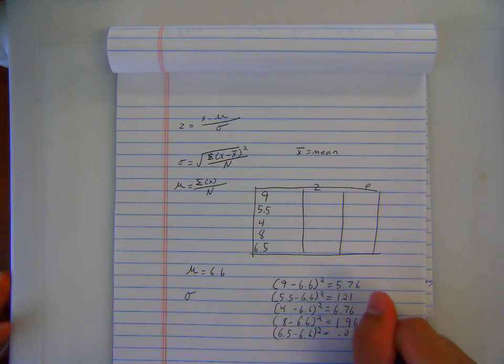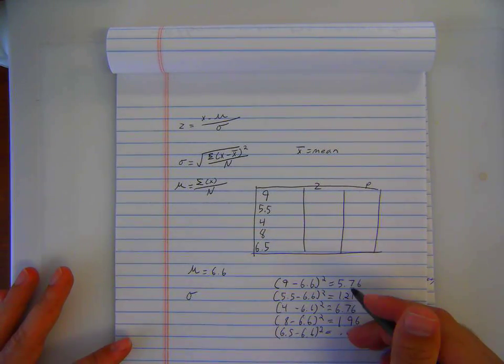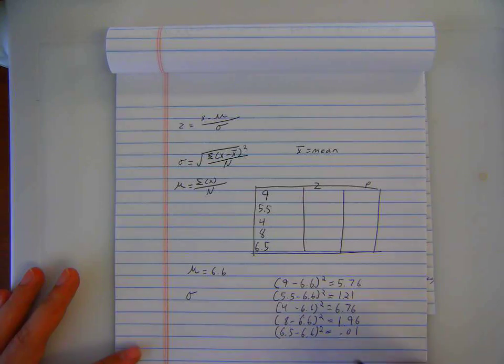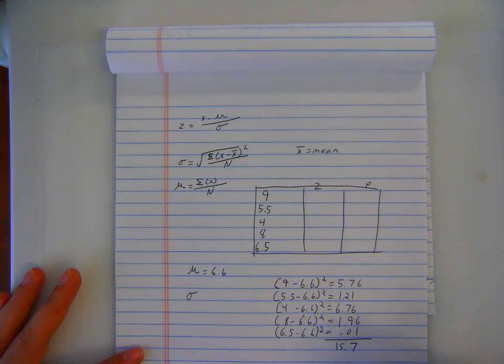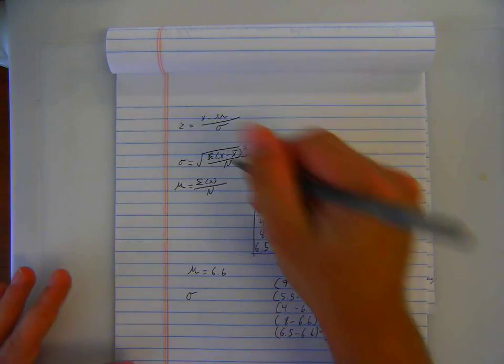Now the sum of these, we're just going to add them together. So we get 15.7.